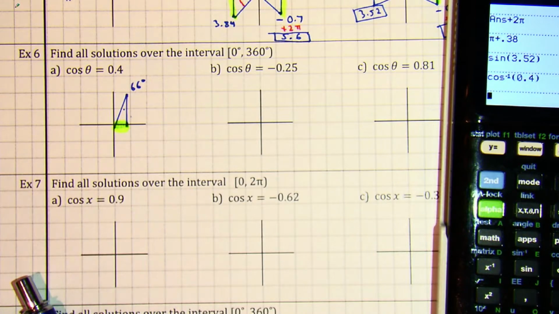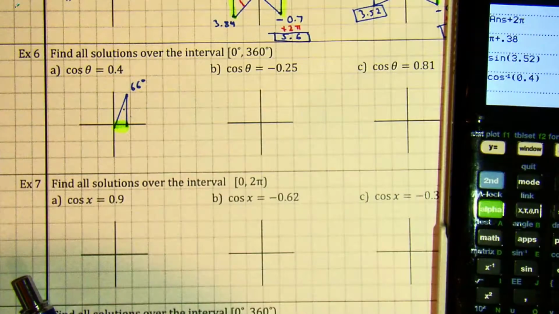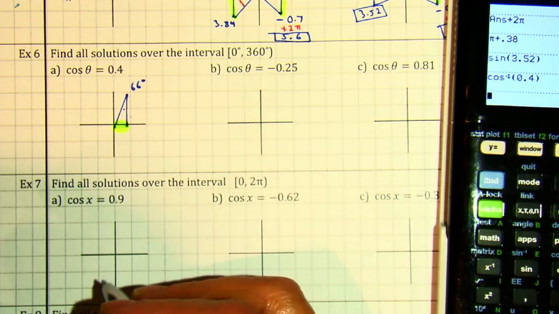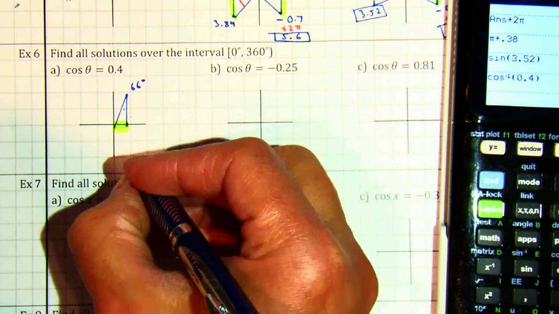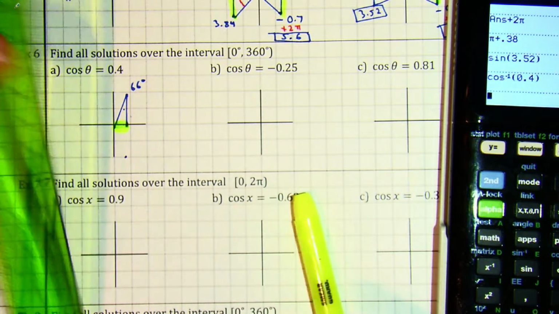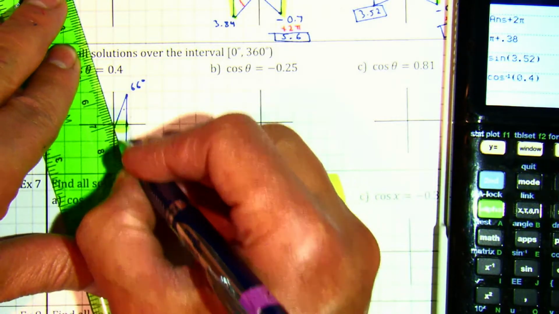Now your calculator is only giving you one value. Your calculator gives you values from 0 to pi, from 0 to 180 for cosine. But I know that there's another one that the calculator is not going to give me. Where's the other angle whose x value is exactly the same? Correct. It will be down here. So what is the measurement of the angle?